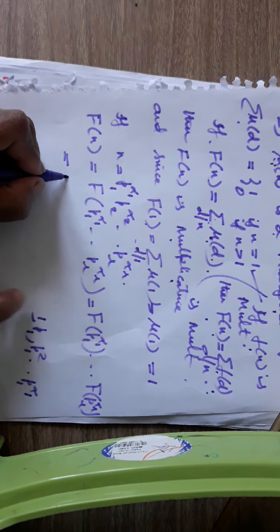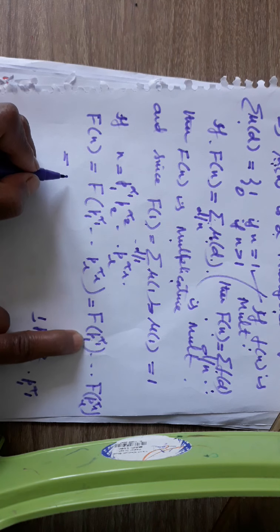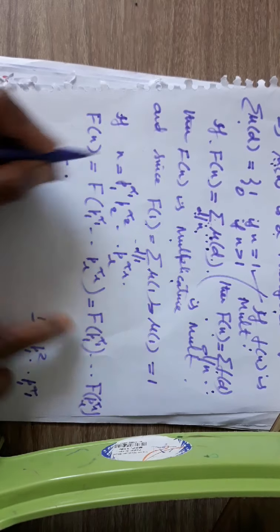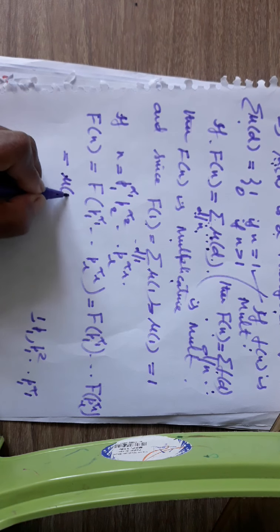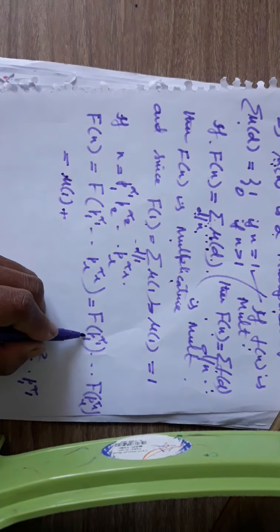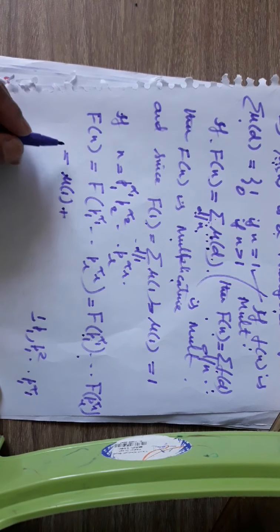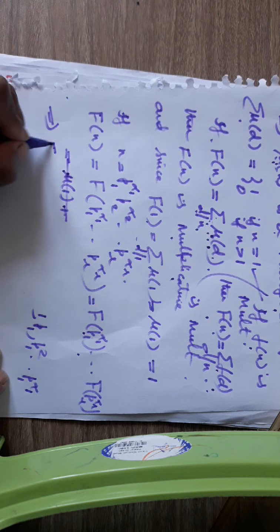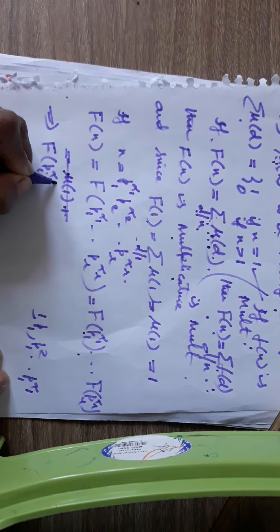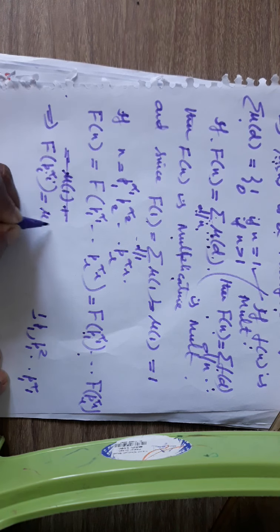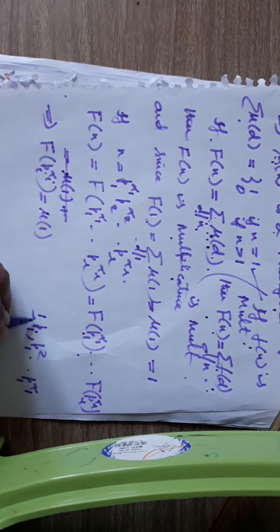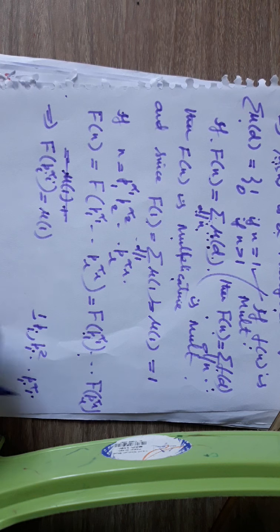So we have F of p1 to the power alpha 1, which is defined as the summation of mu of d, where d runs over the divisors. In general, F of pi to the power alpha i is equal to mu of 1, because the divisors of pi to the power alpha i are 1, pi, pi square, up to pi to the power alpha i.